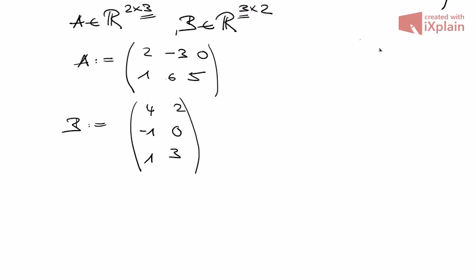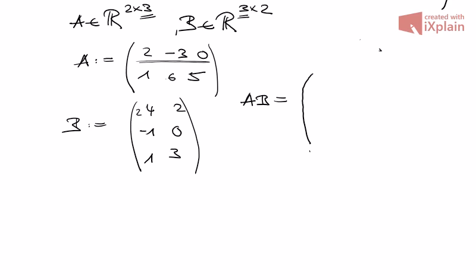And now what you have to do in your head, or somehow mechanically, to compute the entries here, is take the elements of the first row of A and basically rotate them by 90 degrees in your head.